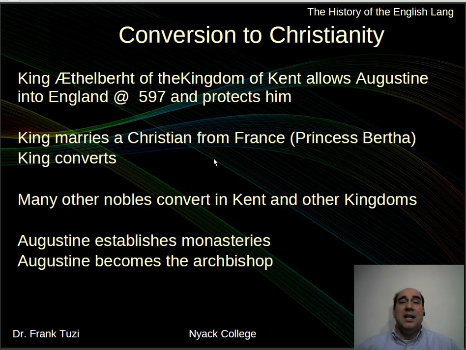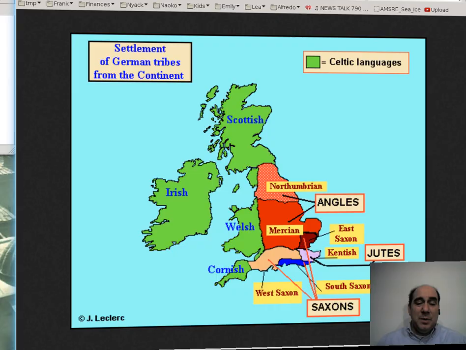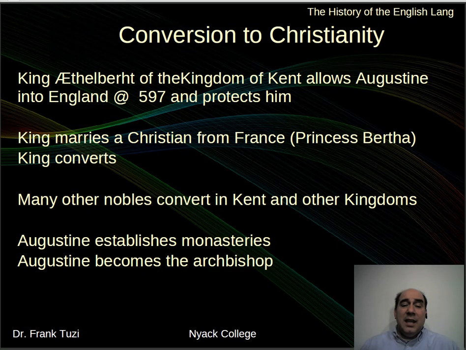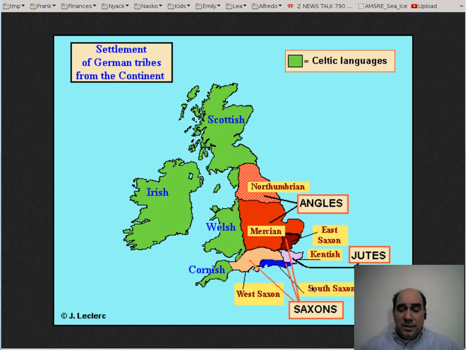Now, it's interesting that it was dangerous. You'll see that there were a variety of kingdoms, as we saw in this little picture here, right? You have a variety of little kingdoms all over here, and what happens is that King Ethelbert, of the kingdom of the Kents, allows Augustine to come here, and he protects him.